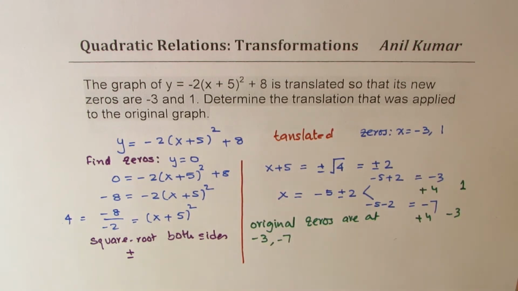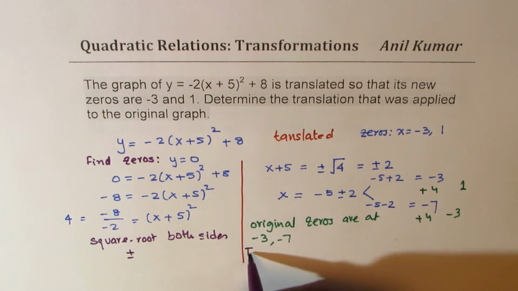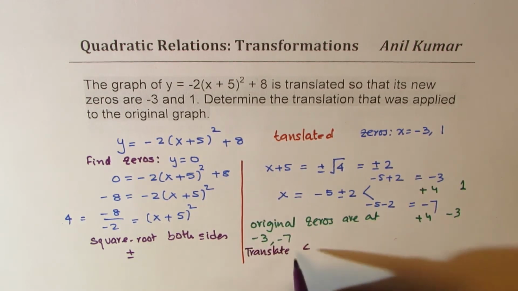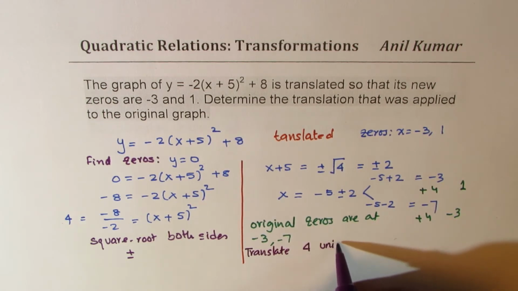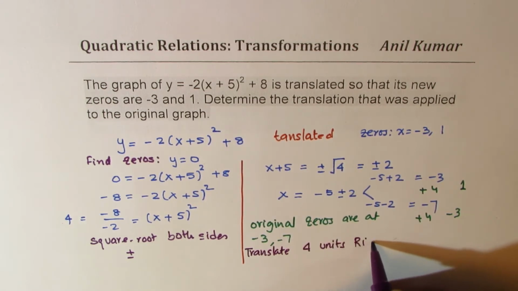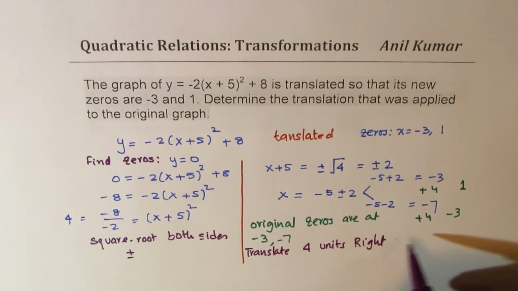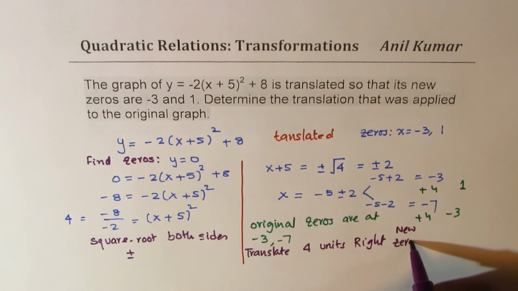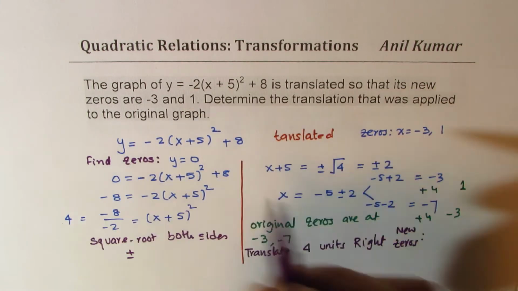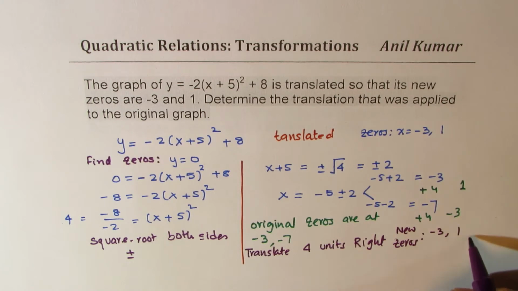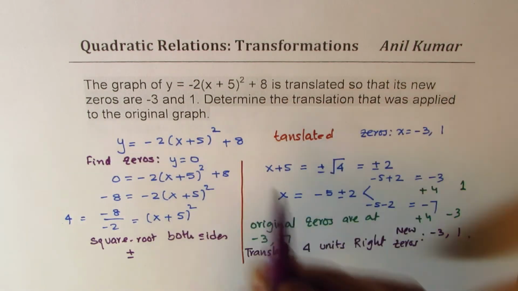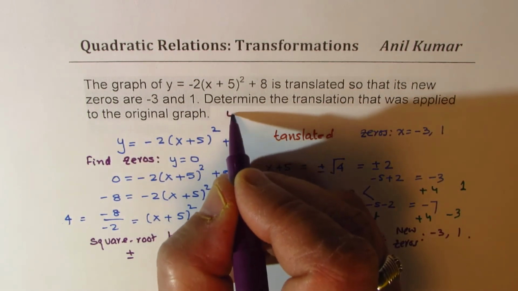So you need to translate 4 units right to get new zeros at the given values of minus 3 and 1. Does it make sense? So the answer to determine the translation that was applied to the original graph is: the translation here is 4 units right.